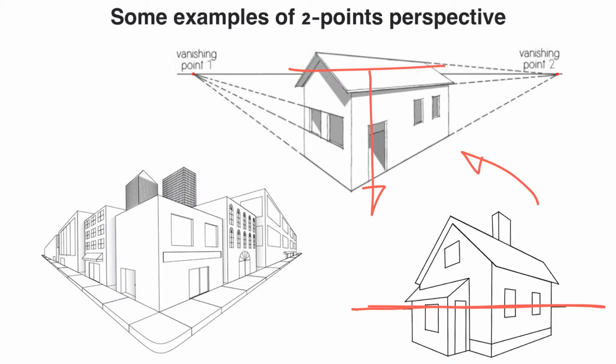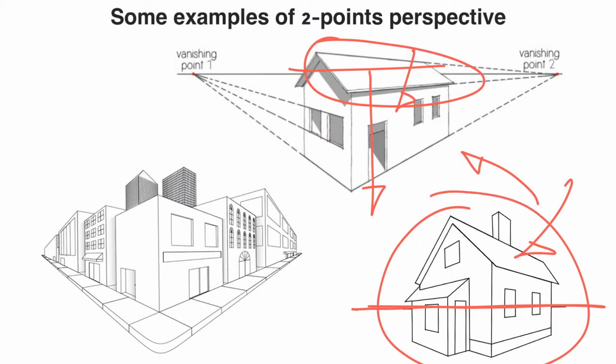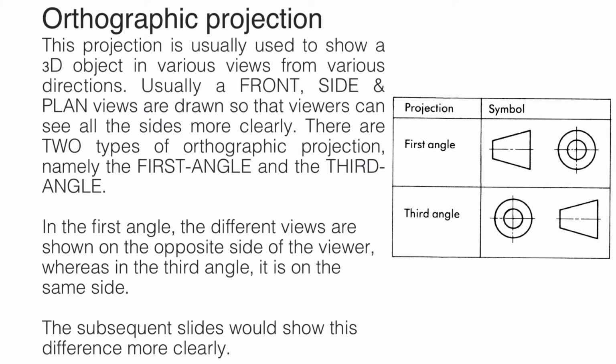So this is probably someone looking down at a house from a top-down perspective, or perhaps you might want to show some features on the rooftop, which might not be seen clearly if you were to draw it in this perspective.